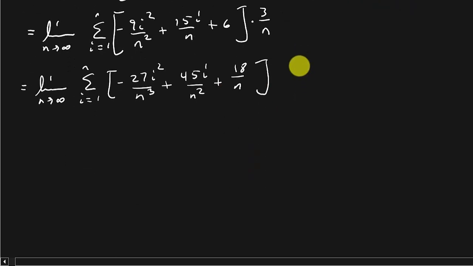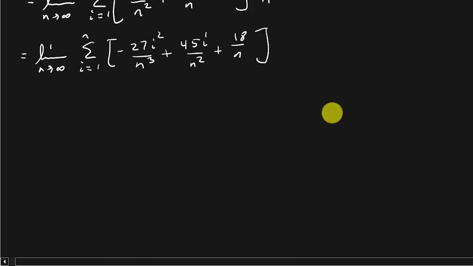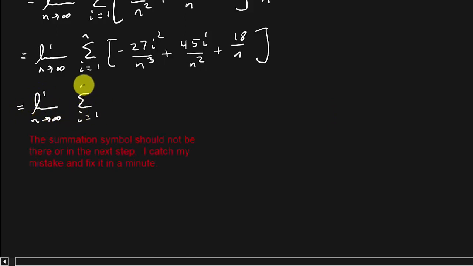All right, we're getting somewhere now. Let's look and see what we have now. We've got the limit as n goes to infinity, sum i equals 1 to n, and that's going to be negative 27 over n cubed.